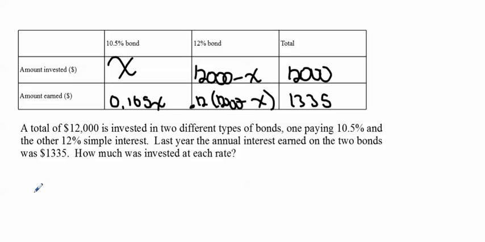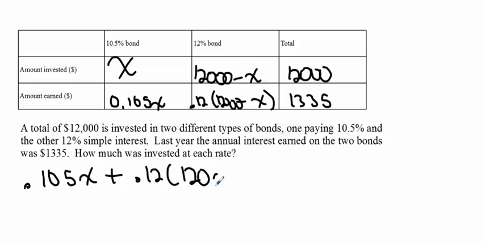Okay, now to make this make more sense algebraically, what you can do is set up an equation saying the 0.105x plus the 0.12 times 12,000 minus X is going to be the 1335.